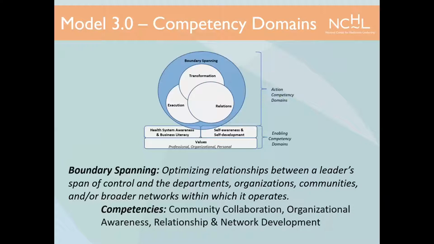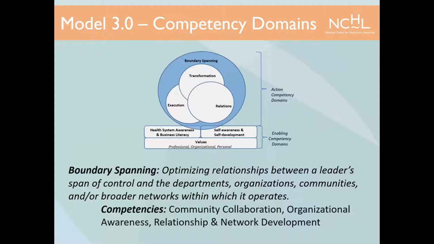And so again, you have competencies like community collaboration, which involve giving back to the community you serve. I know that's something that Rush Medical Center is currently working on, where they go into their communities and are trying to anchor themselves in that community and give back to their health as part of their greater mission and vision. We also have things like organizational awareness. So for a leader, not just to understand the problems in their department, but how do the problems in their department contribute to the health and the overall vitality of their entire organization. And then also relationship and network development.